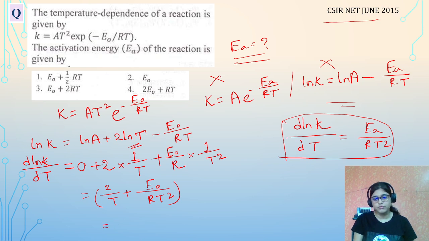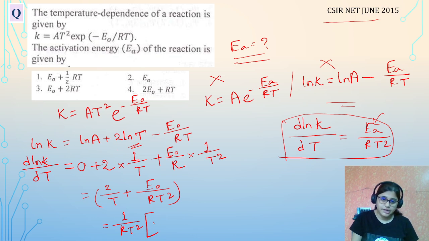So we have to convert it somehow to this form. RT squared should be common. If we take 1 by RT squared as common, then the left part will be Ea, because only these two terms are there.